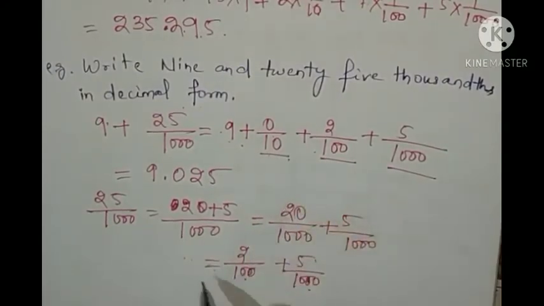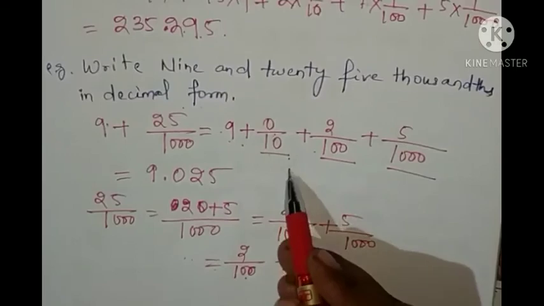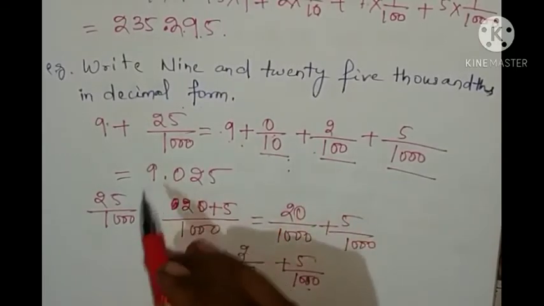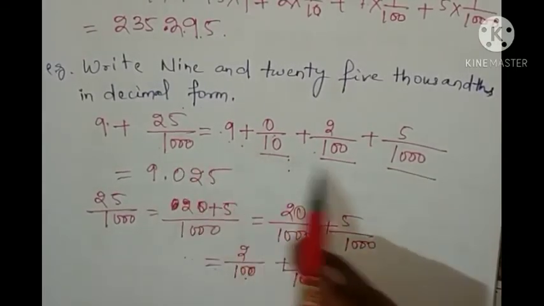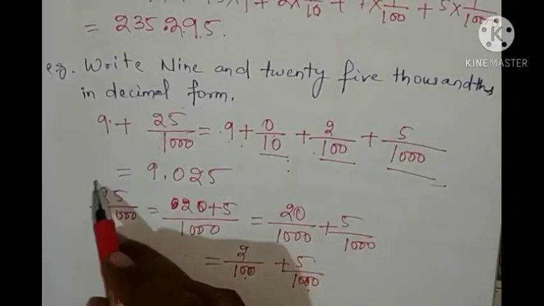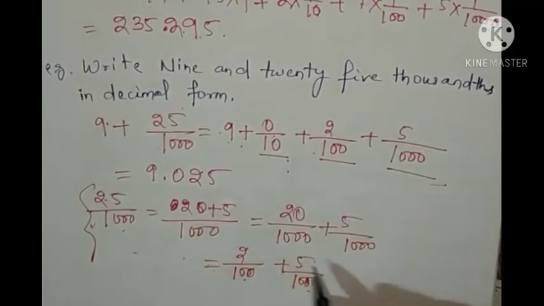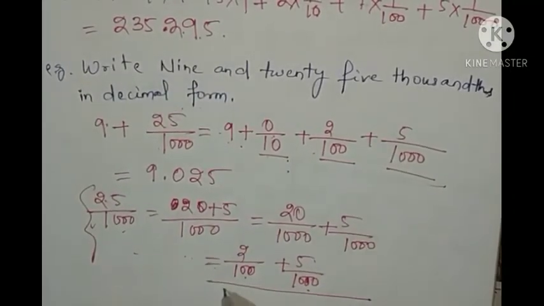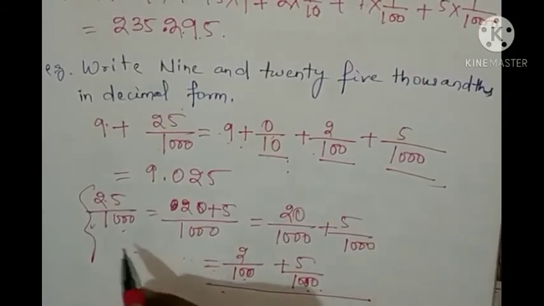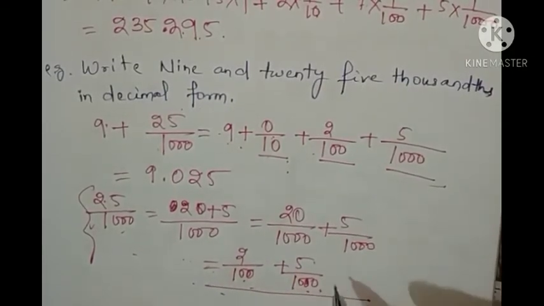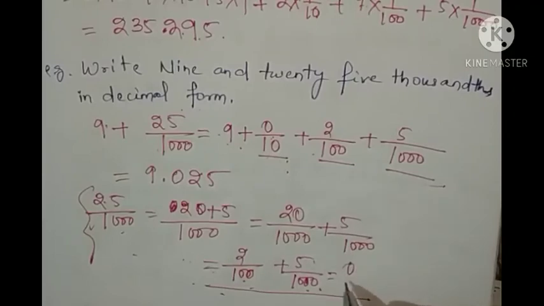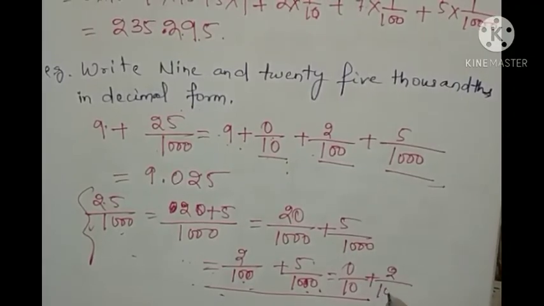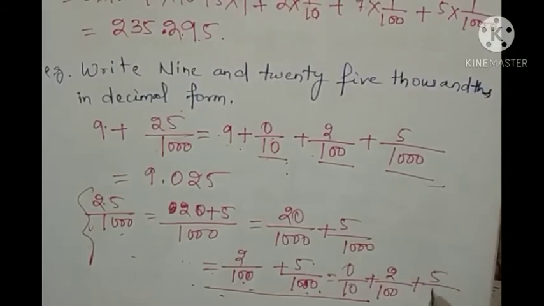So what have you written? 0 by 10. So you can convert this 25 by 1000 in this 10th, 100 or 1000 form. So this one you can write as 0 by 10 plus 2 by 100 plus 5 by 1000.